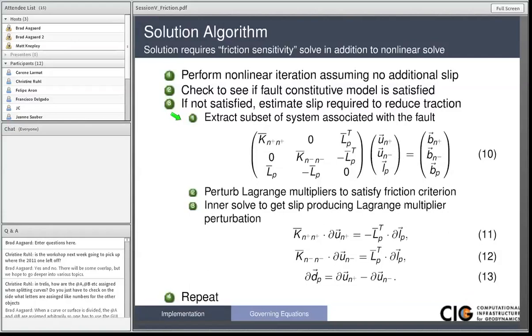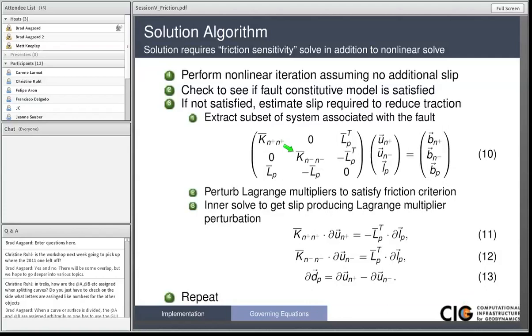So here our A matrix is now just our terms associated with the vertices on each side of the fault. On the positive side of the fault, we call that N plus. Those are the conventional degrees of freedom that are associated with the vertices on the positive side of the fault.